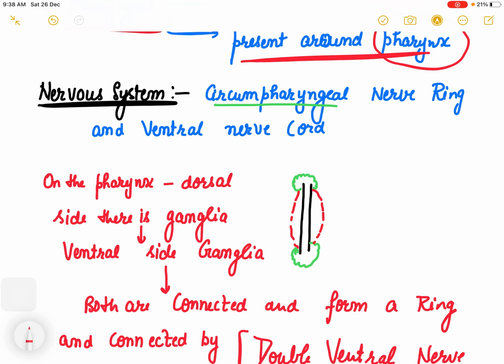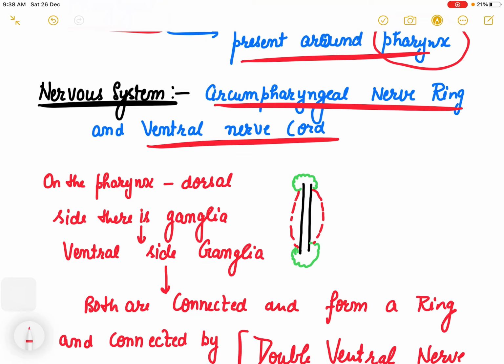Nervous system: there is a circumpharyngeal nerve ring and ventral nerve cord. Circumferential is a very complicated and very typical word for their nervous system.